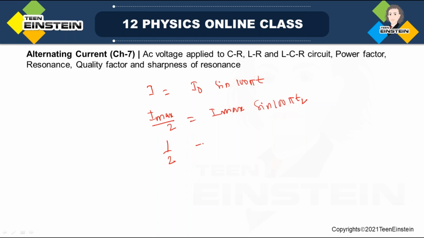So this will give half equals sine 100 pi t2.